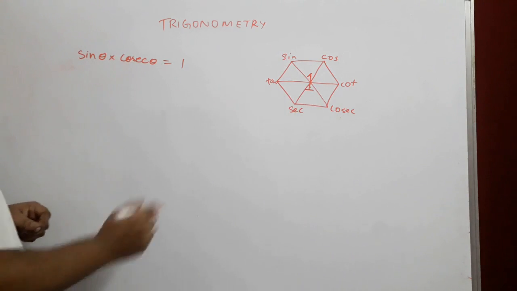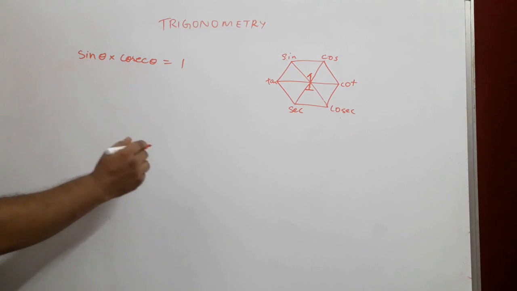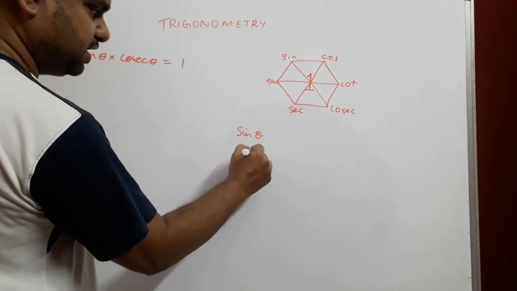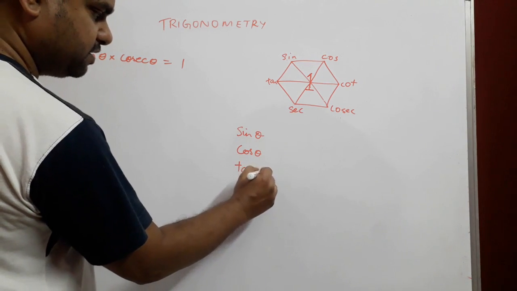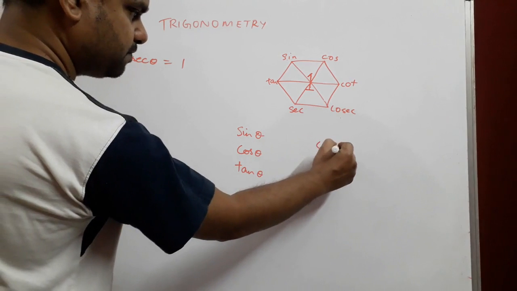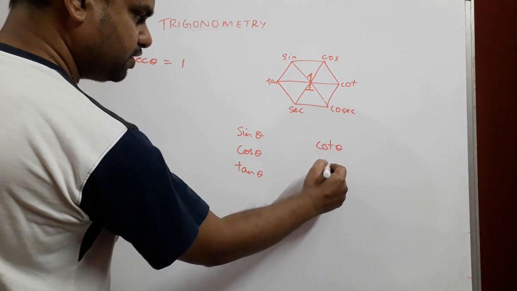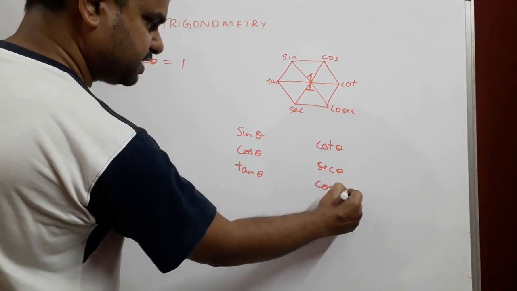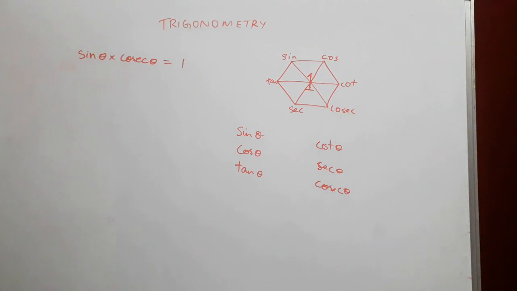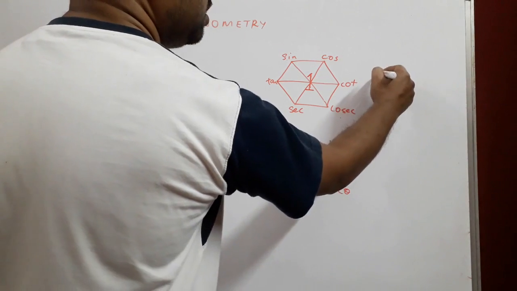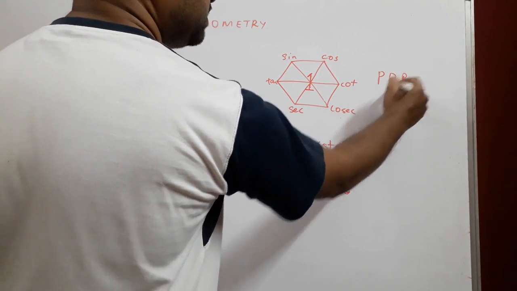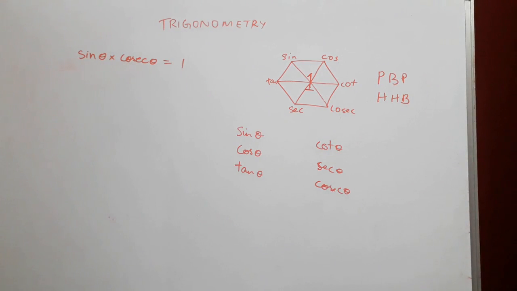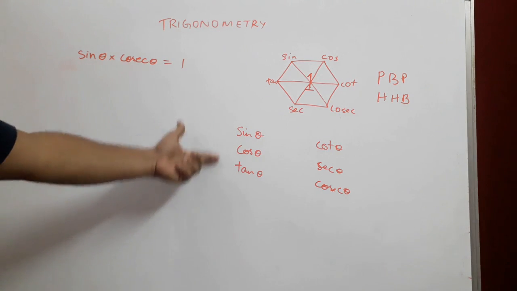Let us see how. Remember the original values of sine theta, cos theta, tan theta, cot theta, then your sec theta and your cosec theta. If we don't remember, we should recall Pandit Badri Prasad Har Har Bole, which will help us get these values.